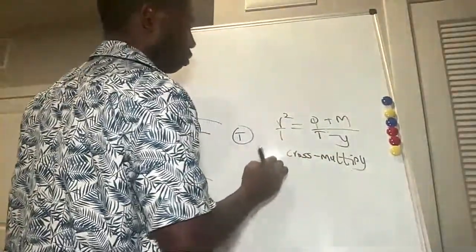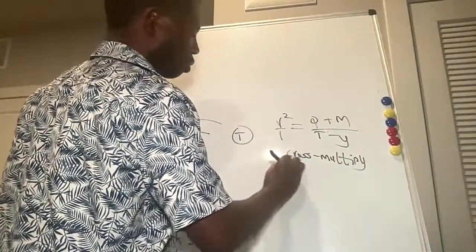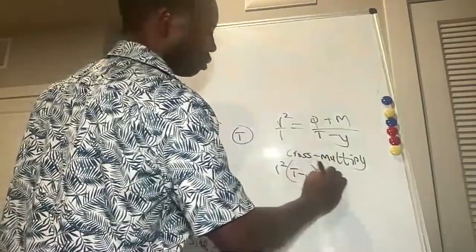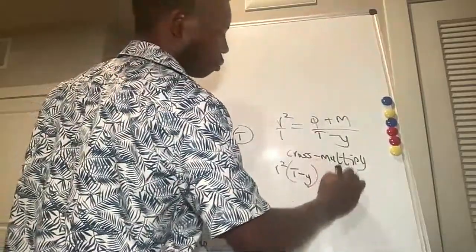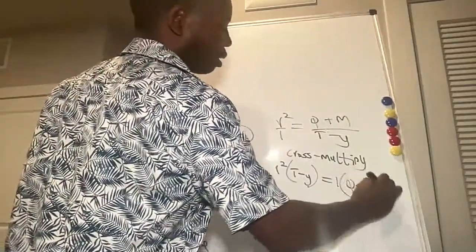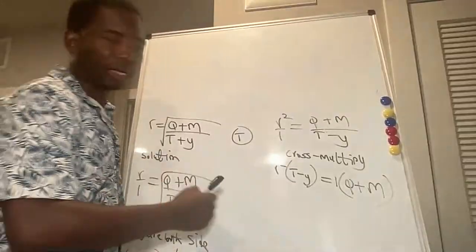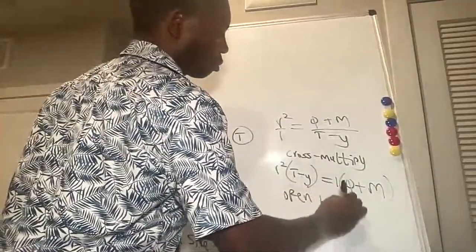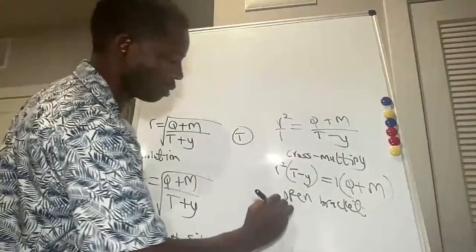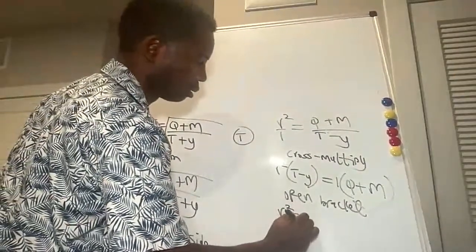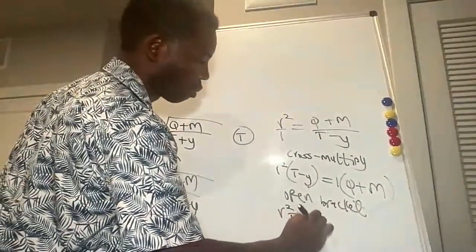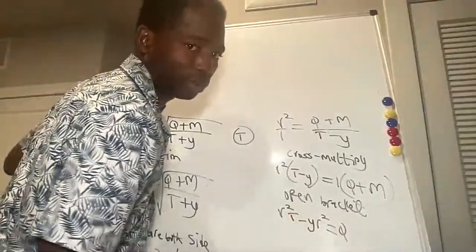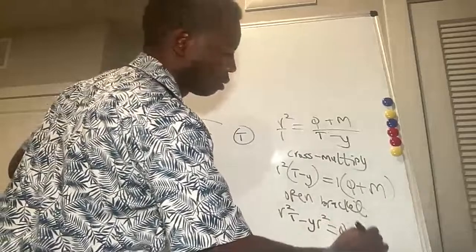Cross multiply, it will now be r square t minus y is equals to 1 q plus m. Open bracket, it will now be r square t minus y r square is equals to q plus m.